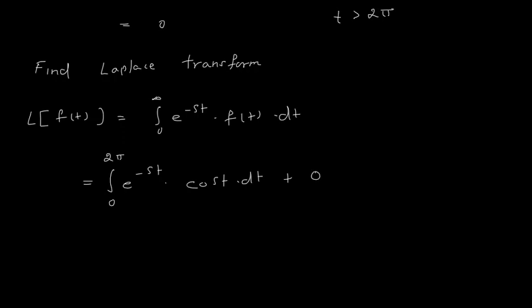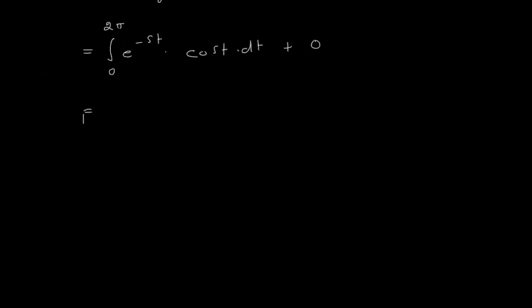So we have to implement this much part only. We have seen the formula of integration. It is 1 upon s square plus 1, and here we have minus s into cos t, then plus we have sin t. The limit is 0 to 2 pi.